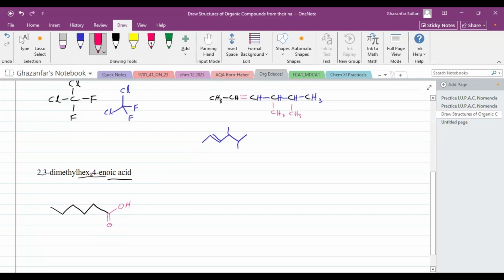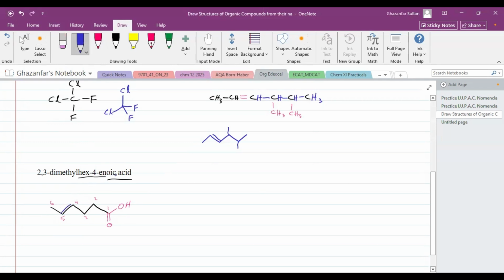And on the fourth position, there is en. It means the double bond at the fourth position is between 4 and 5. So this is number 1, 2, 3, 4, 5, and 6. If there is 4-en, it means it is between the 4 and 5 positions. So draw the double bond here.